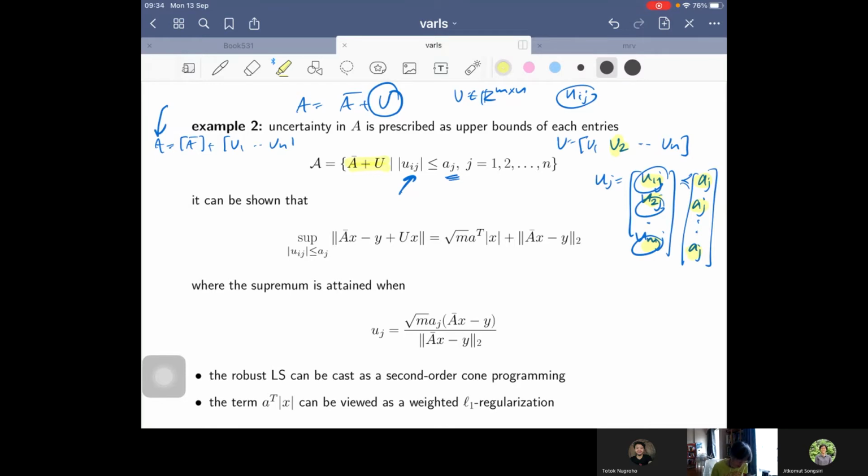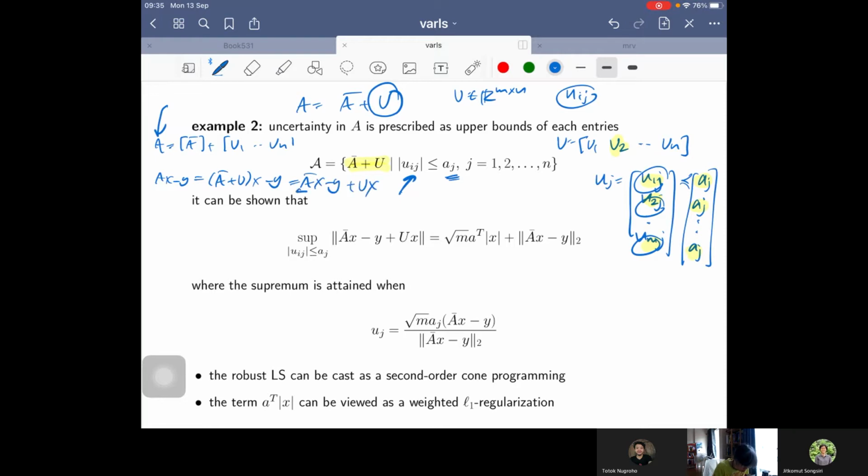Now the point of this slide is to show how you can compute the worst case norm. We do the same process. We consider Ax minus y, but your A is A bar plus U, so that is A bar x minus y plus Ux.